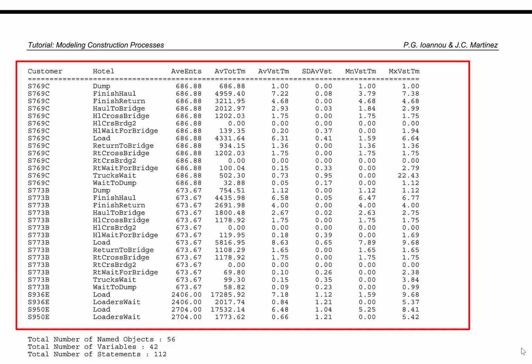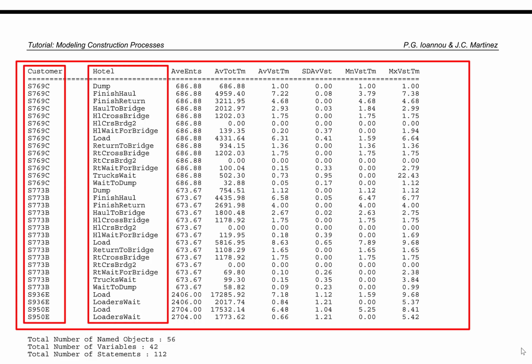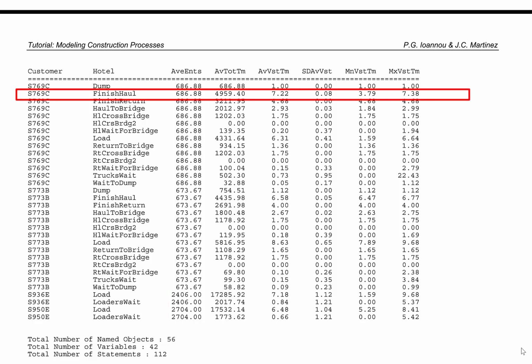The next table gives us information about where these characterized resources spent their time. The resources are described as customers, and the nodes in which they spend time are described as hotels. As an example, consider the second row of this table.